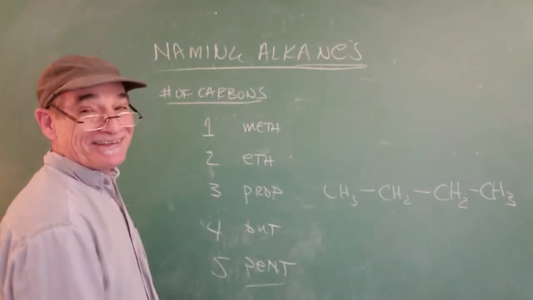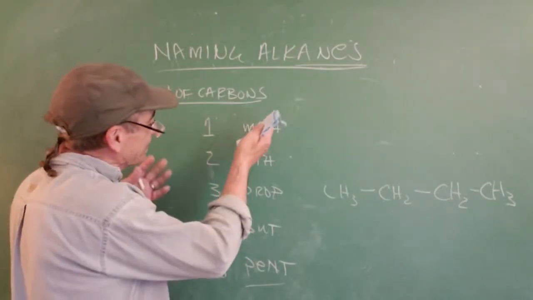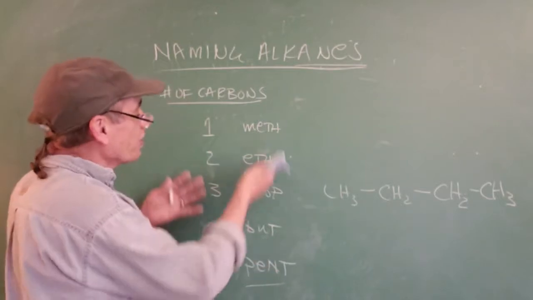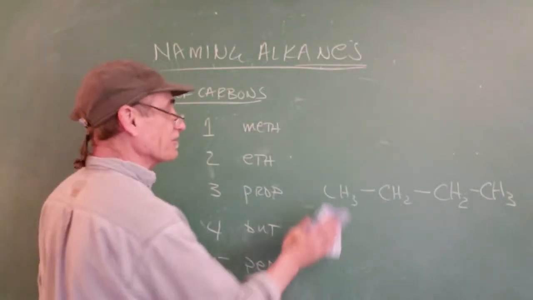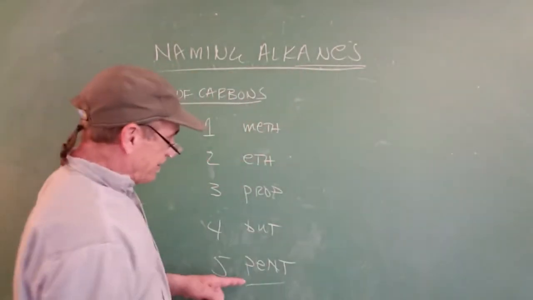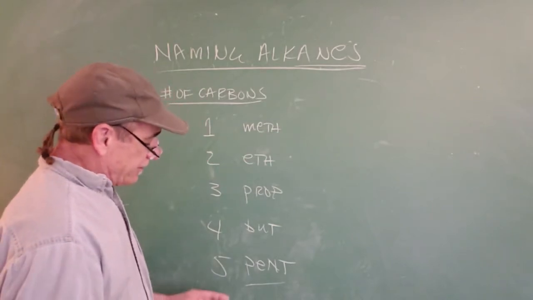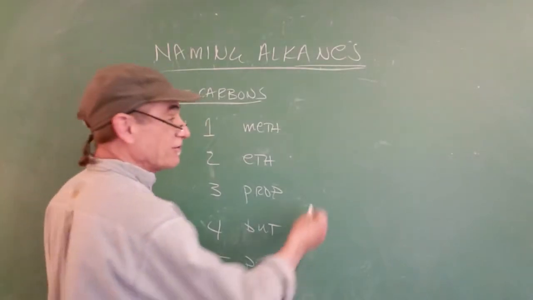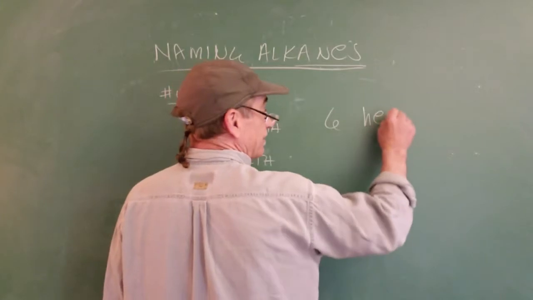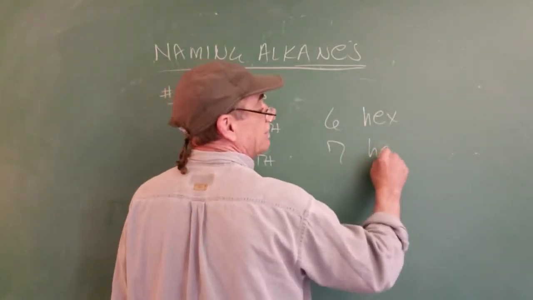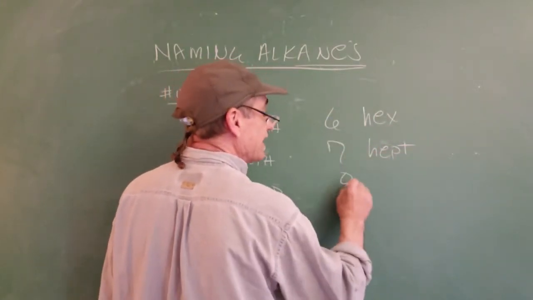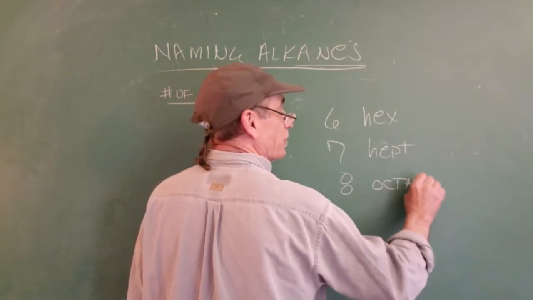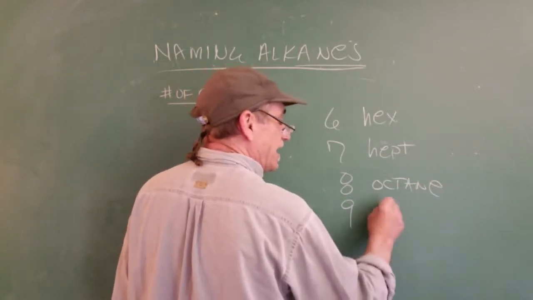From then on, it's understandable that they were hard-pressed to come up with nice prefixes, but when they got to 5, the 6th one could be just hex, hexane. 7 would be heptane, 8 would be octane, heard that word before. Then 9 is nonane.